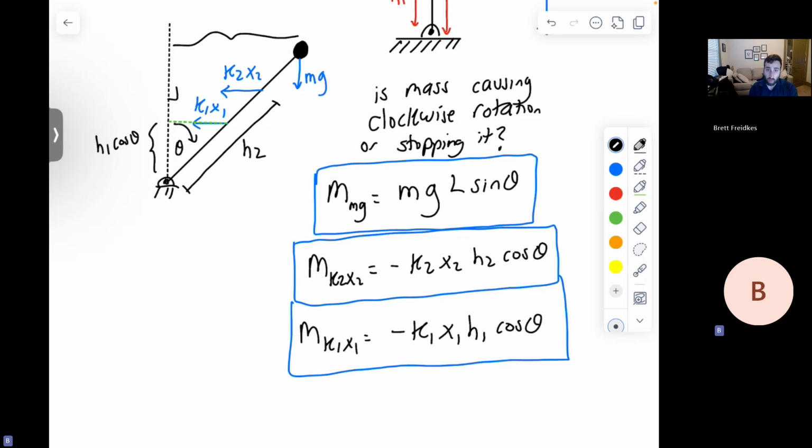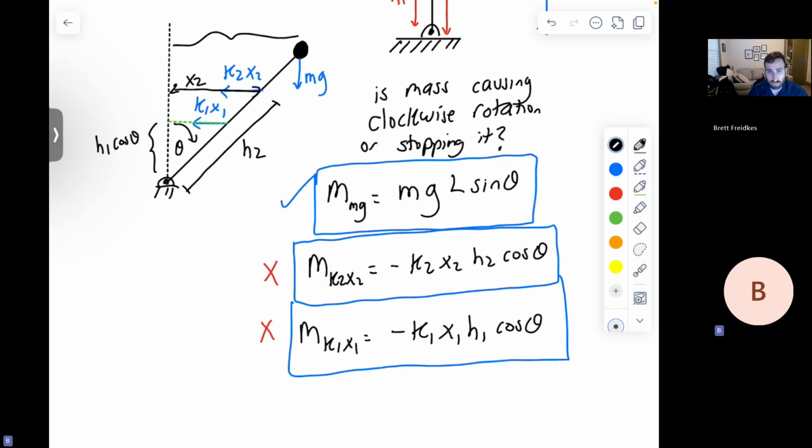And at the end of the day, I want them all in terms of theta. So right now, this is good, and these two need to be fixed. So we need to figure out what x2 is. So if we're looking at this picture again, x2 is this distance right here. This is x2 that I just drew in black.